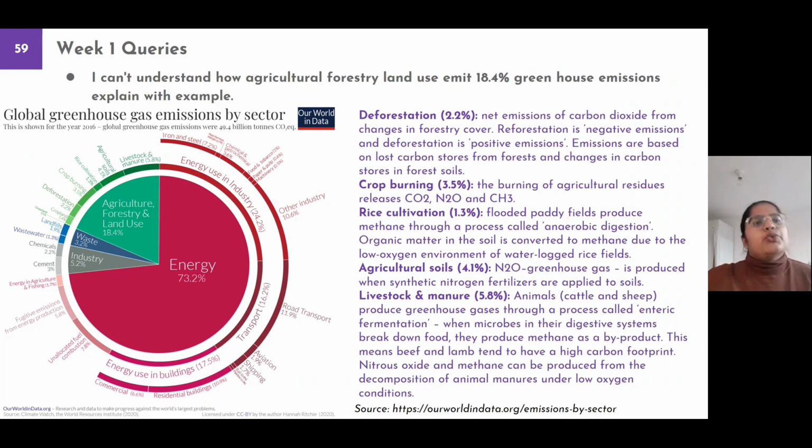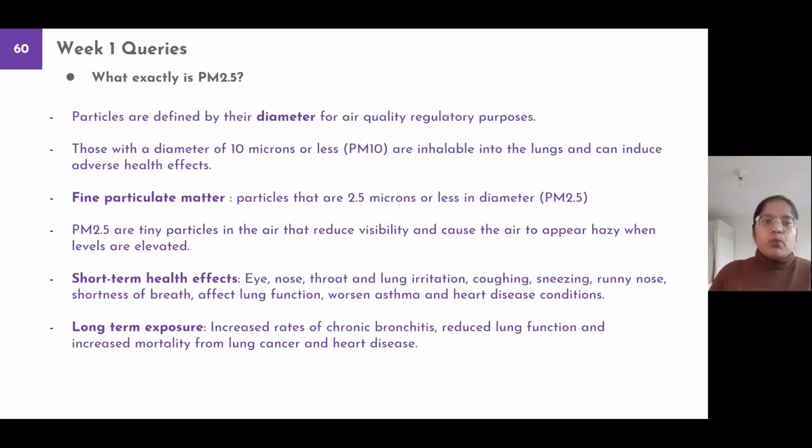So moving on to question 2, which is what exactly is PM 2.5? This was also one of the questions which was raised in the live chat. PM is basically particulate matter, and the number 2.5 is basically the diameter of the particle. So particulate matter 2.5 is an air pollutant with a particle diameter of 2.5 microns.